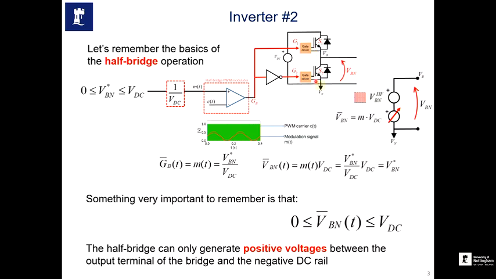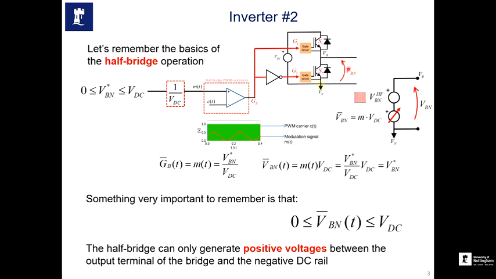You remember this is the half bridge circuit, and we controlled it with a PWM modulator. Again, what's the purpose of the modulator? The PWM modulator works like a system modulation, where basically you try to embed a low frequency signal within a high frequency signal.